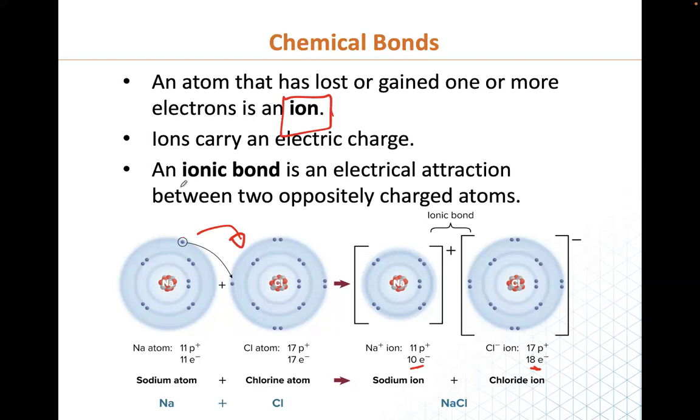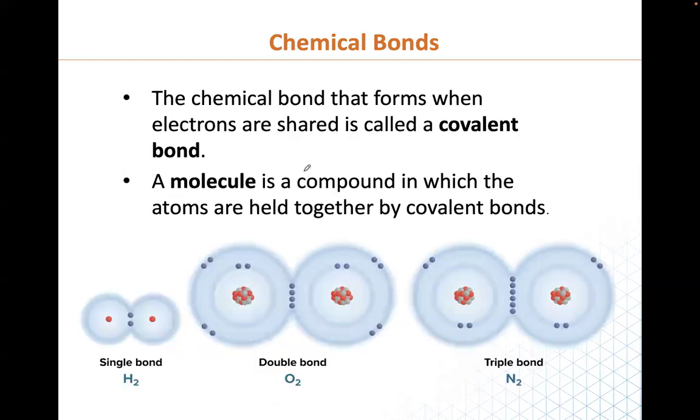This kind of bond is called an ionic bond, an electric attraction between two oppositely charged atoms.